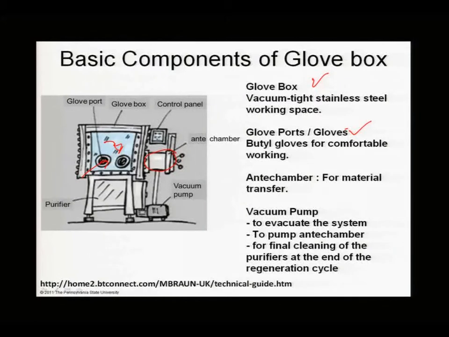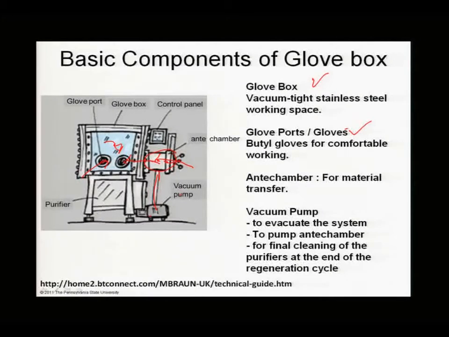The antechamber is, you close a valve here, you put your sample into here, close this back up, pump down with a vacuum pump. Here it is right here, so it can pump. And then once you get the vacuum low enough, you fill this with the same gas that's in here, and then you pass this through into the working site.